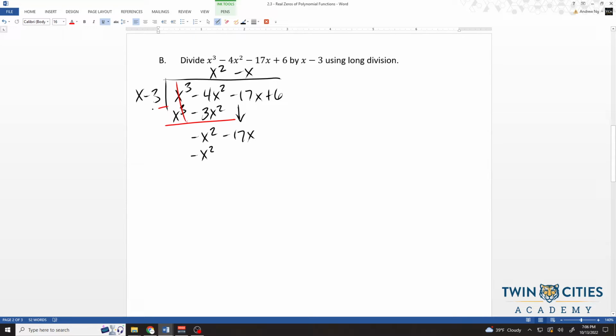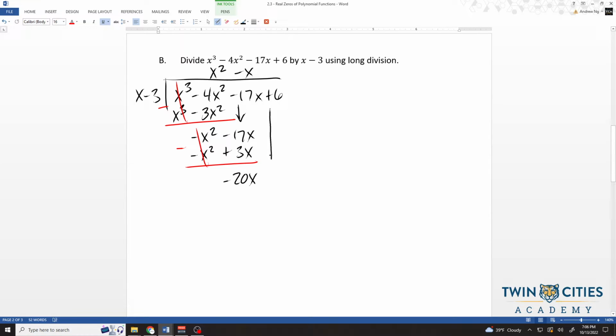Negative x times negative 3 makes a positive 3x. And then step 3, let's subtract. These are exactly the same, they should be, so they subtract out. And I've got negative 17x minus 3x, which gives me negative 20x.